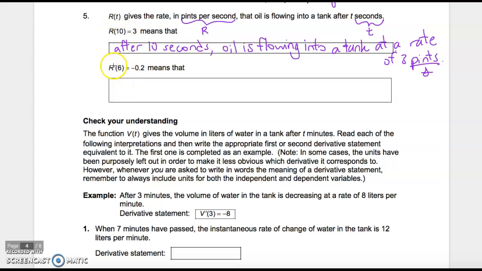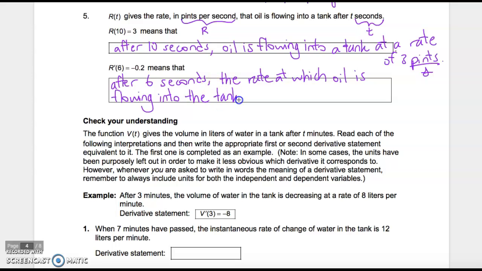Now the derivative of that, R prime of 6 equals negative 0.2, means that after 6 seconds, the rate at which oil is flowing into the tank is, what do we say, decreasing or increasing?